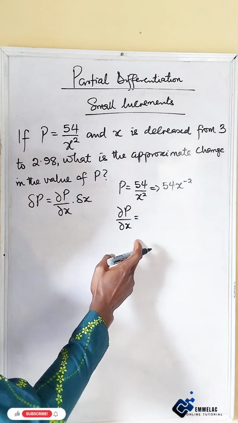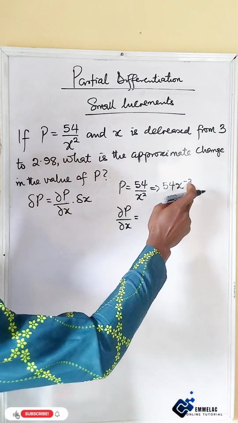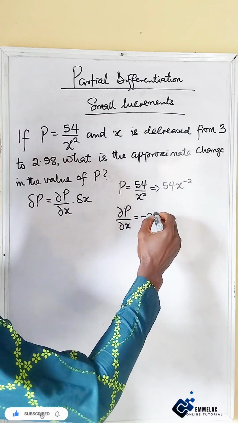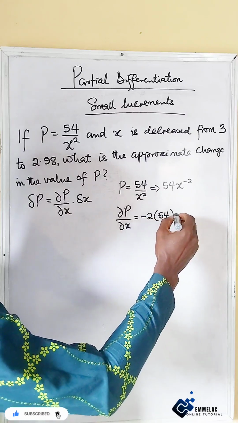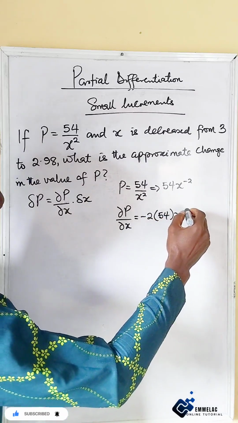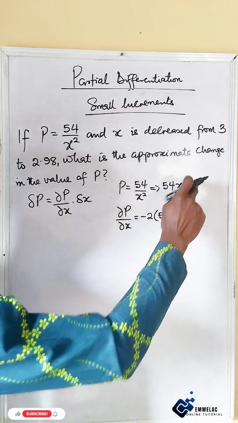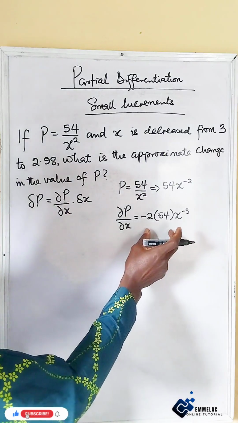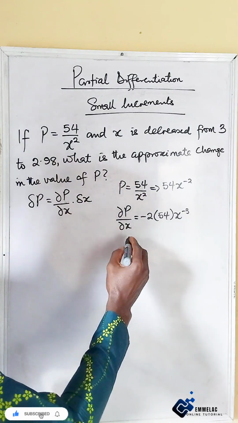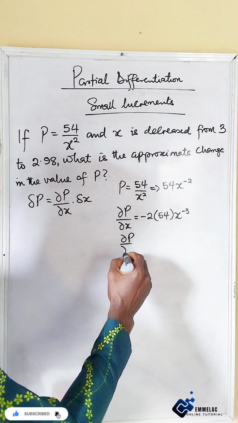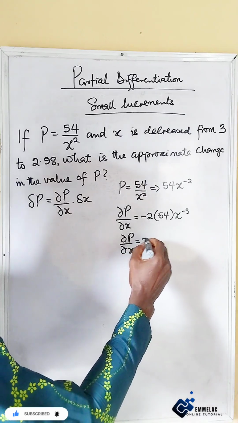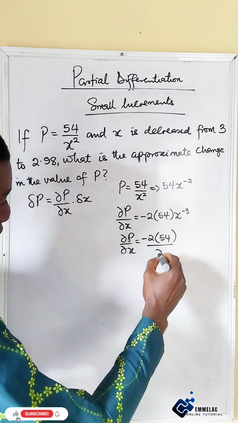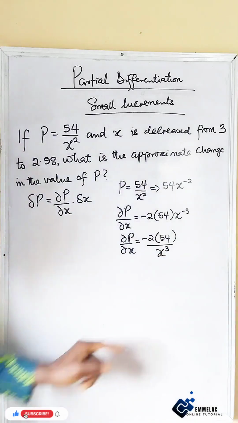According to the law of differentiation, since it's the exponent here, that will be minus 2, then times 54, then x raised to the power of minus 3, because here we take away 1. So this becomes negative 2 times 54, then all over x raised to the power of 3, taking it back to fraction.